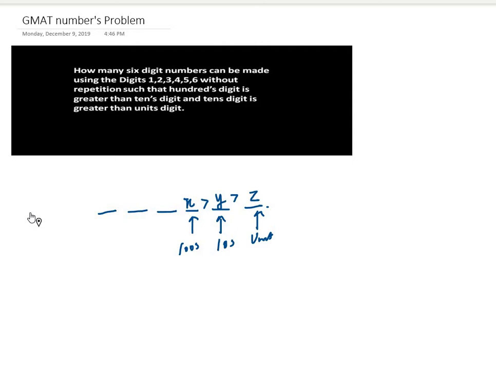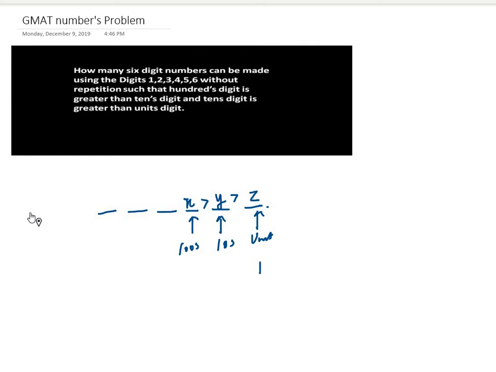So first, let's start by playing with z, right? That should be the simplest one, because z has to be smaller than x and y, so z is the limiting factor here. Let's start with z to be 1.